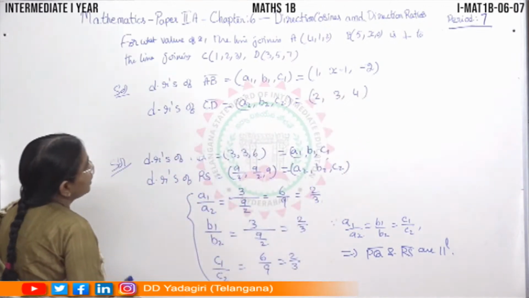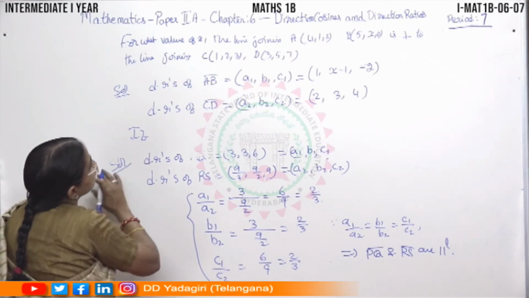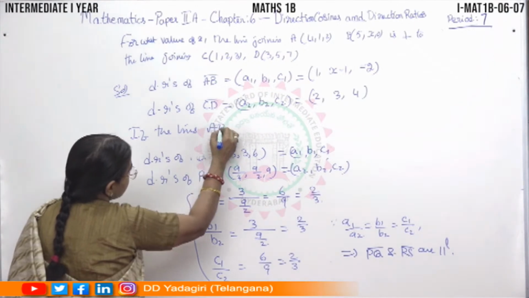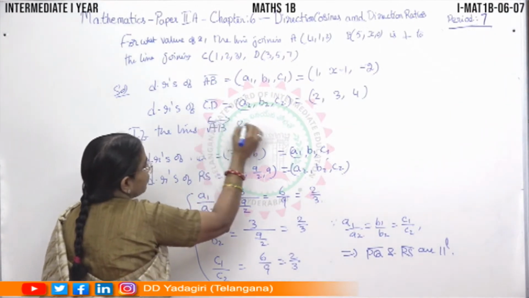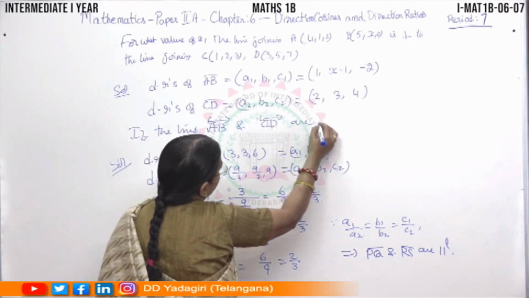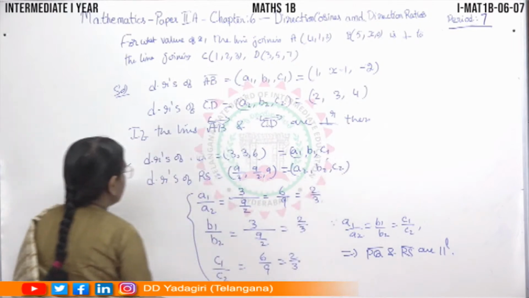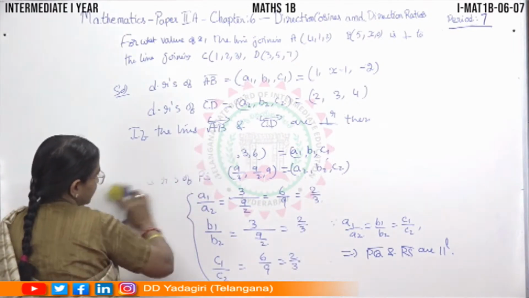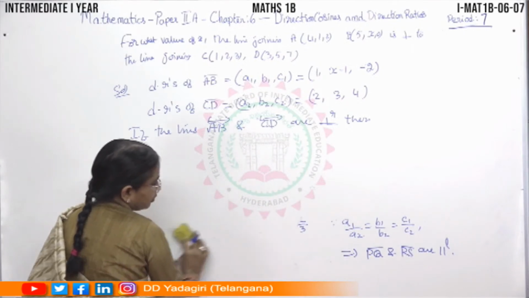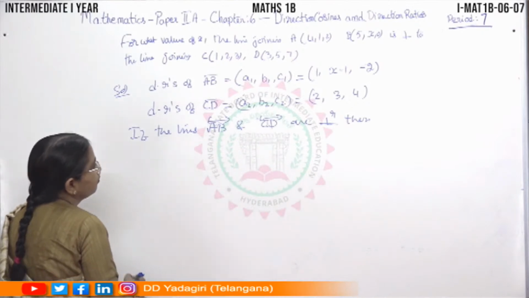Now if the lines AB and CD are perpendicular, then always write the condition. In the textbook he has not written the condition, directly he substituted. So always when you are using the formula, write that formula.